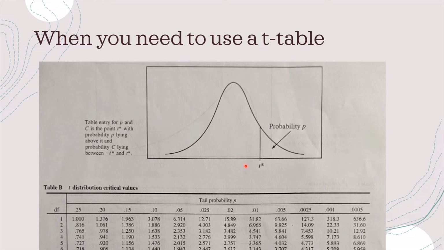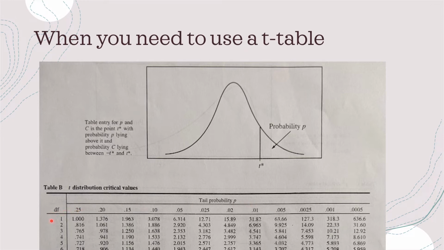So if you want 5%, you would go to 5%, which is this column right here. If you want 10% here, if you want down to 1%, it's over here. So however much you want in one tail to find what the critical value is that you're going to plug in for your confidence interval.